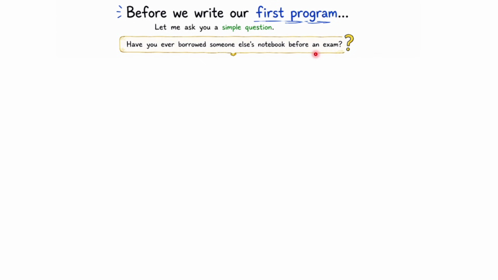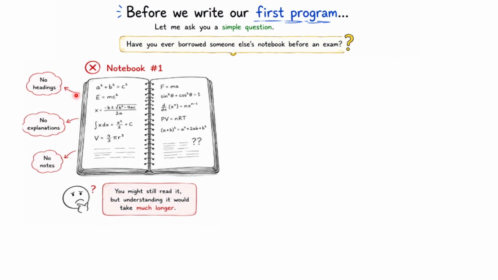Let's start our first program. Let me ask you a simple question. Have you ever borrowed someone else's notebook before an exam? Imagine opening a notebook and finding page after page filled with formulas and answers, but there are no headings, no explanations, and no notes. You might still read it, but understanding it would take much longer.